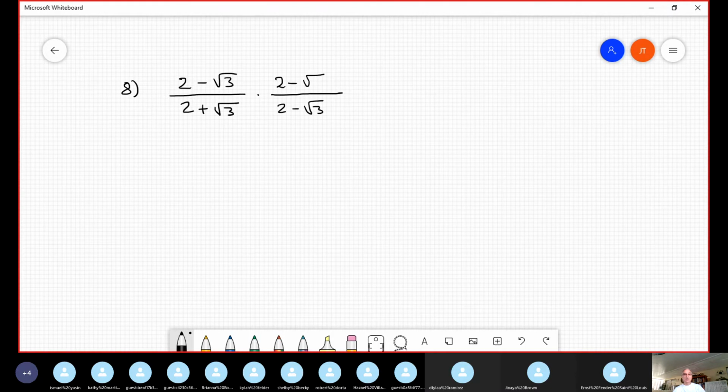Remember, the conjugate is the same but with the opposite sign in the radical part. It's a coincidence in this example, it's exactly the twin brother of the top part, but I don't care. The thing I care about is the conjugate, the opposite sign. The same numbers, 2 and radical 3, but one is positive and another is negative. It is only the opposite sign in the radical part, the part that contains the square root. The part that does not contain a square root is 2, and stays positive.